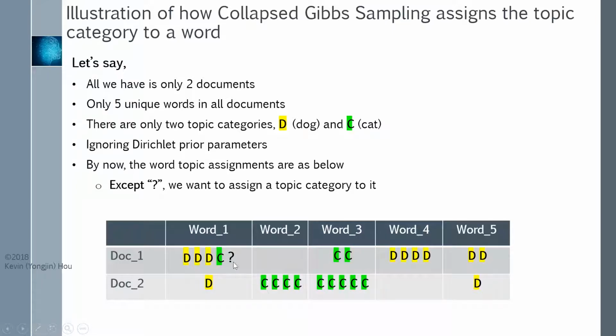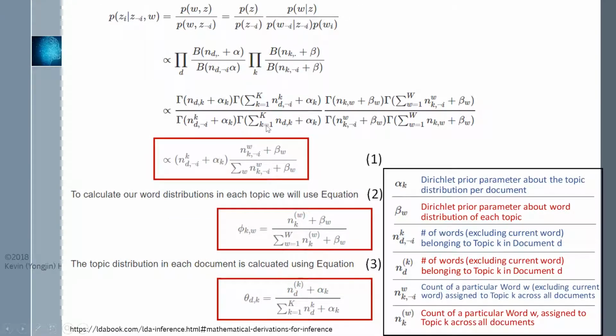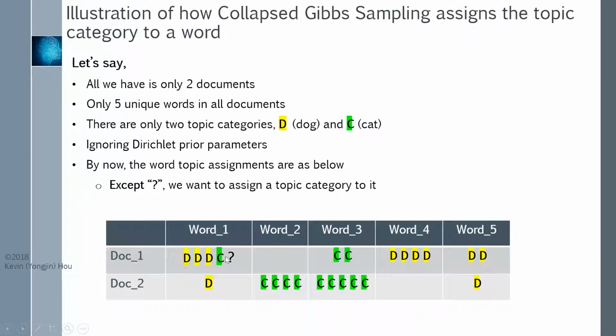The only exception is this one. This word we put a question mark, because this is the word whose topic category we want to assign based on equation 1, assuming alpha and beta are both zeros. So again, our task is to figure out the right category assignment based on what we have now.